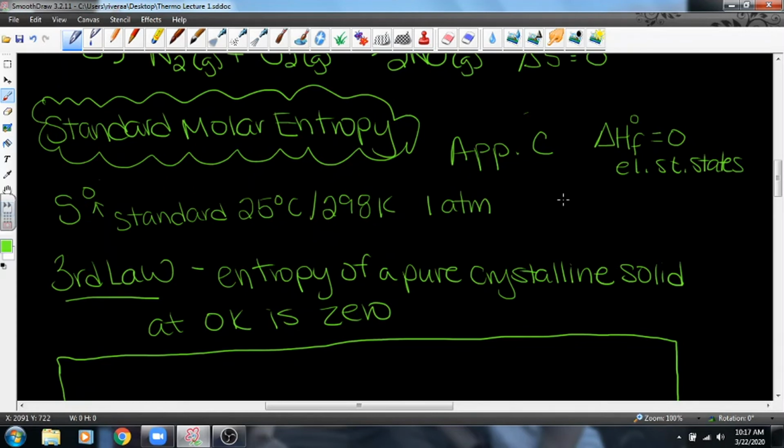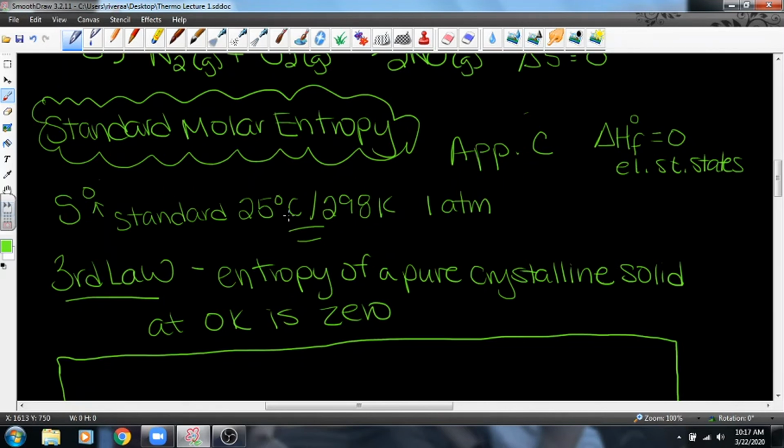Even pure elements like oxygen have measured degrees of disorder. They have possible microstates, especially at this temperature, where they have kinetic energy that can be distributed.